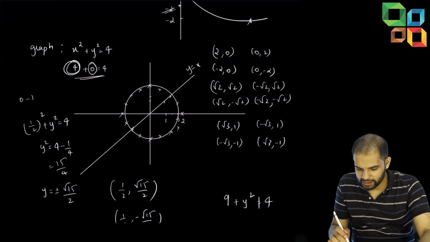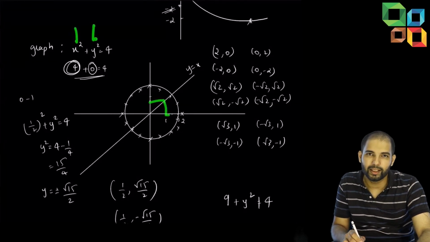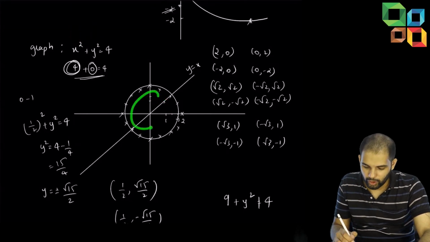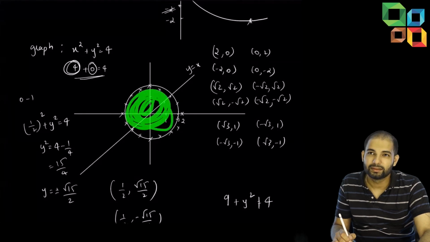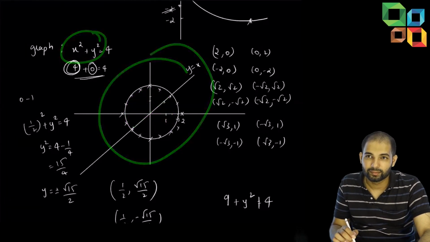No, it won't. See, just choose a point. 1, 1, is it inside? It is inside, correct? So if you put 1, 1 in the equation, what are you getting? You're going to get a number less than 4. So usually, what happens is, if the sum is less than 4, all the points are inside the circle. That is also something you learn later. It's not that important for now, at least. So any point whose sum is greater than 4 will be outside the circle.